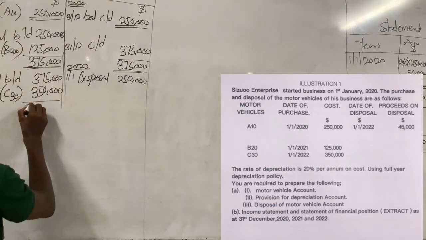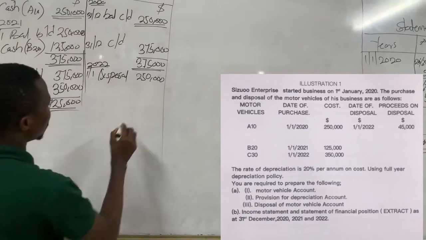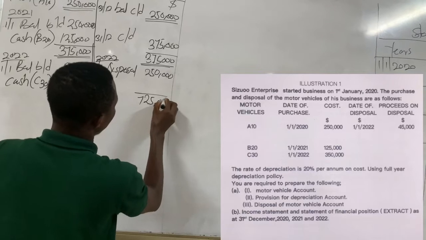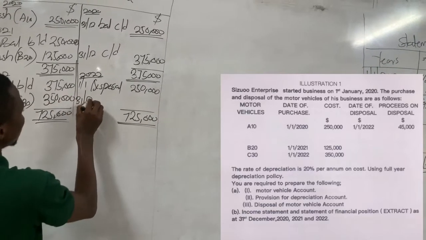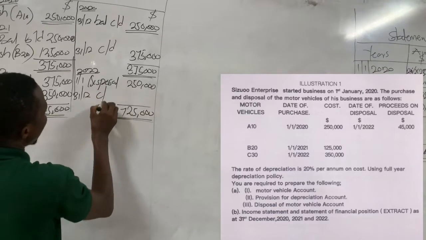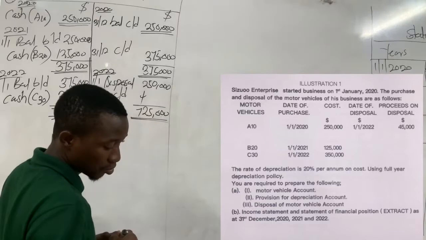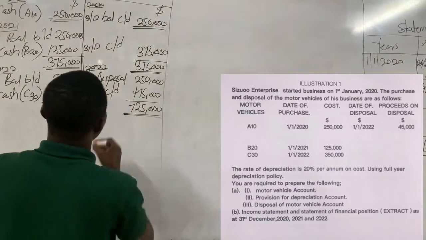So we need to close off the account. By closing, we have 725,000. So on 31st of December, the carrying amount will be 475,000.